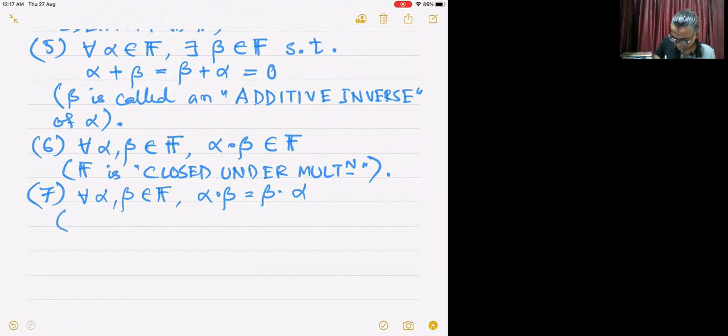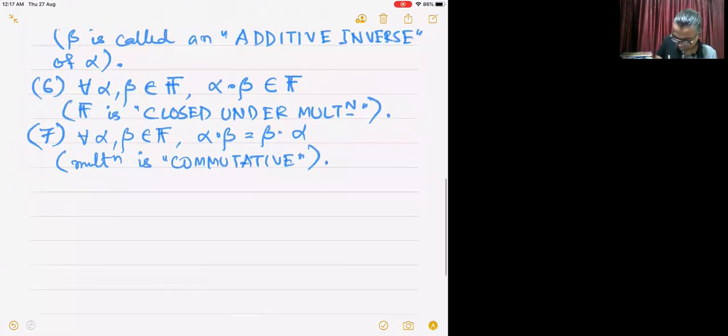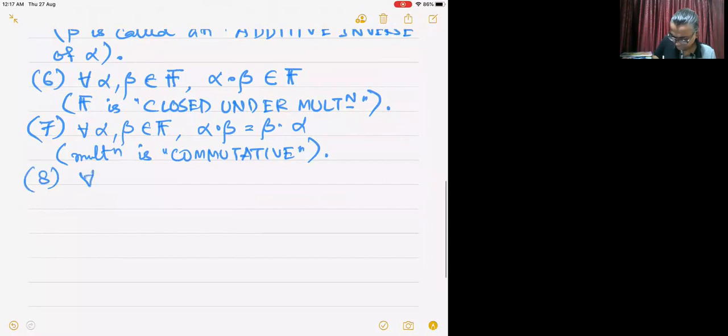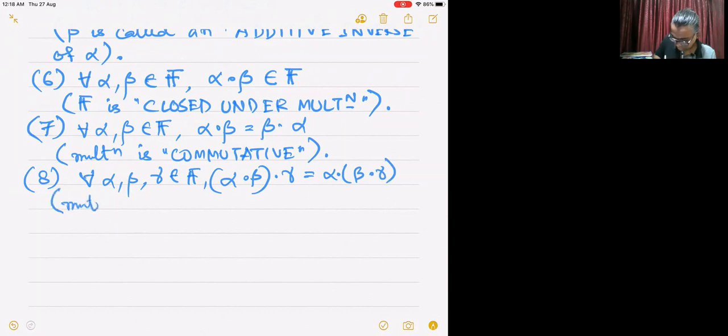That is, multiplication is commutative. Number 8, you can guess, for all alpha, beta, gamma in F, (alpha beta) gamma is the same as alpha (beta gamma). This is written as multiplication is associative.